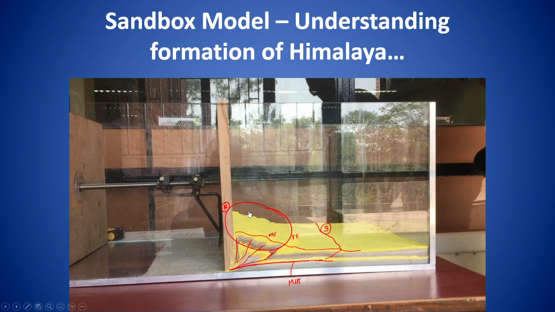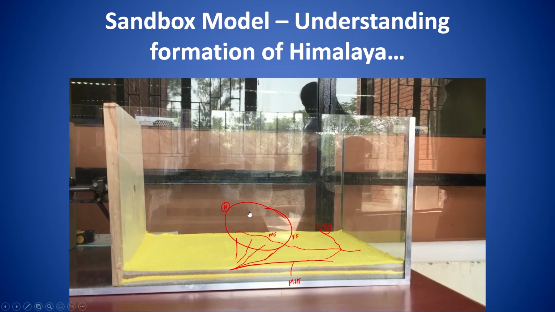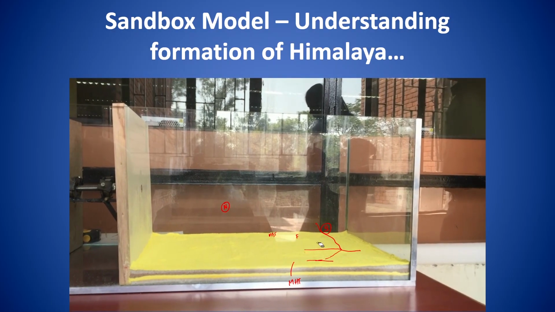It acted as a rigid block, so it pushed the frontal part, and the deformation was taken up by the frontal region. We never had an idea of how things would evolve, but this is what happened. The sediment size also plays an important role. We did that in another experiment and were able to see a slightly different deformation. Anyway, let us move ahead and see what we have in the next video.